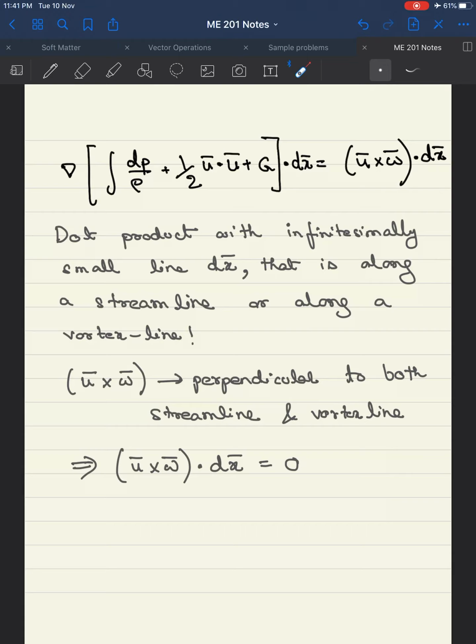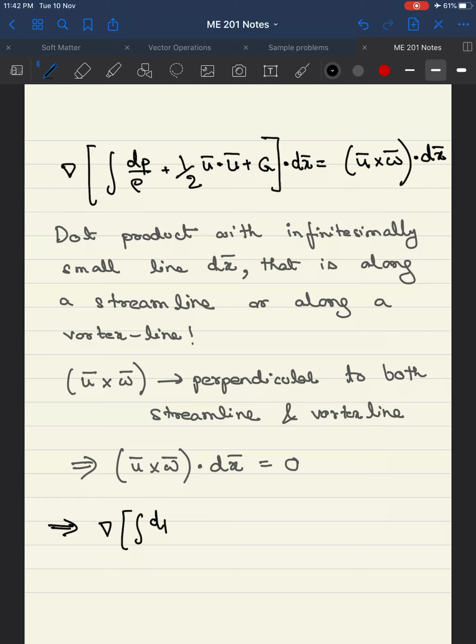So once you do that, on this side you reduce to 0, so you remain only with this. So you are doing a gradient, and once you're doing a dot product with dx, this actually just gives rise to an ordinary differential.